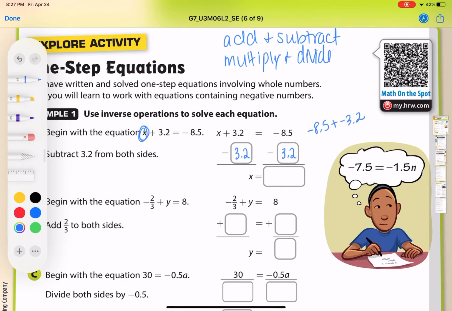Since those are both negative, we add them, and our answer is going to be negative. 8.5 plus 3.2 is 11.7, so x would equal negative 11.7. If you wanted to check your answer, you would substitute x's value back into the problem, so negative 11.7 plus 3.2 equals negative 8.5.